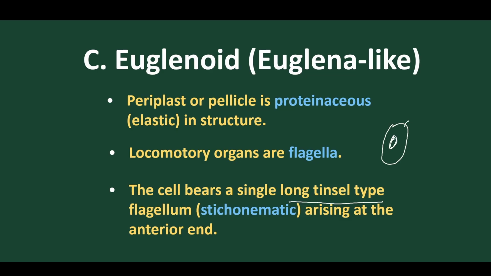It contains a long flagellum running parallel with the body, and a short flagellum is also present inside the body. The long one is smooth, without hair, so it is a whiplash type flagellum.